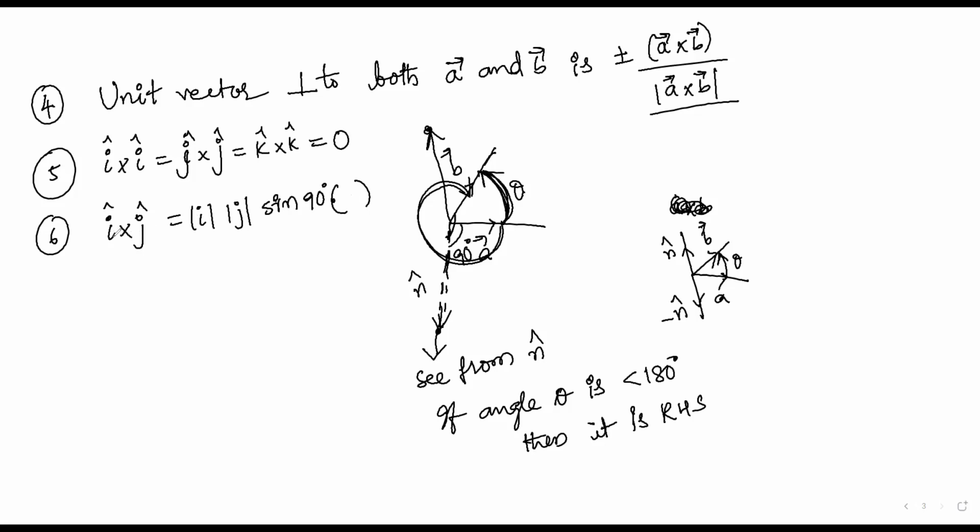Vector perpendicular to both I and J is what? Unit vector perpendicular to both I and J is what?